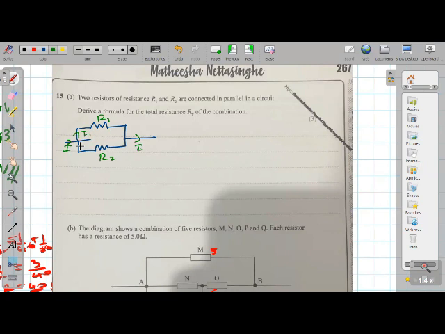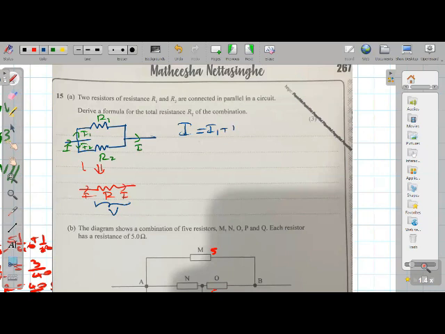This one is I1 and this one is I2, split through here. Current I passes through it, with a voltage of V. How can we get it? We know one thing is common. What is going to split?